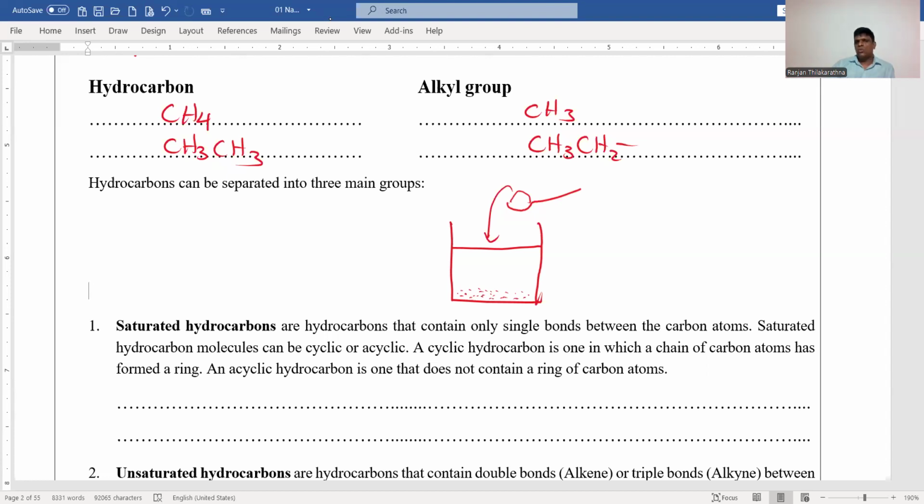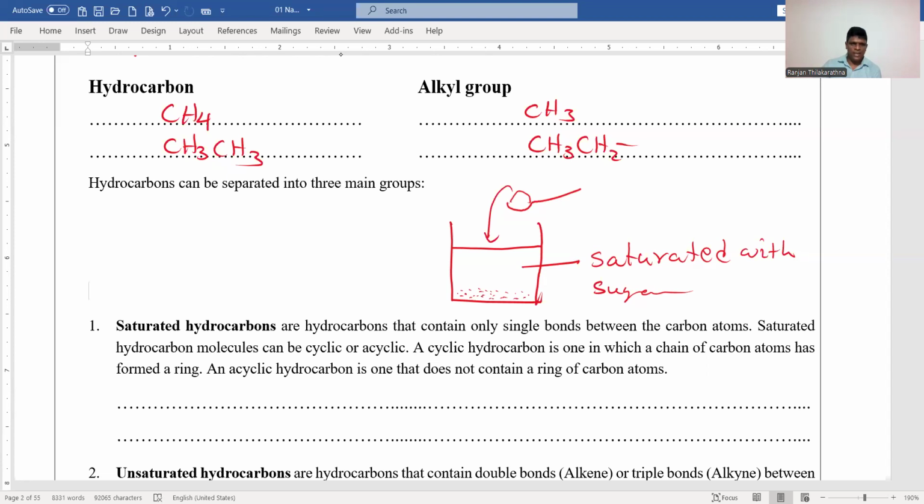No more sugar can be dissolved in that. At such an instance, we say this is saturated with sugar. That means you have added the maximum amount of sugar. No more can be added.